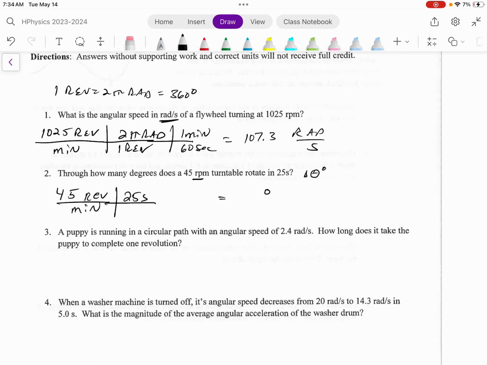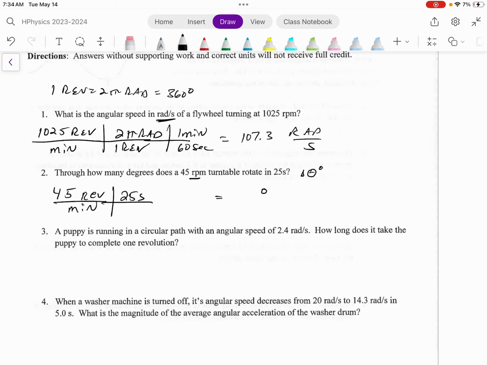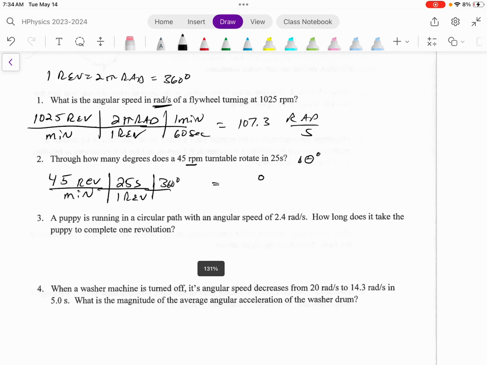Now we'll have to convert, and then I've got to get revs into radians. So let's do that. We've got 1 rev, and that 1 rev equals 2 pi. Oh, we don't want radians, we want degrees. So 1 rev equals 360 degrees. And now I've just got to get the minutes and seconds to cancel.